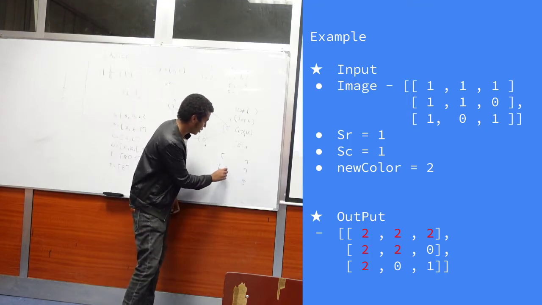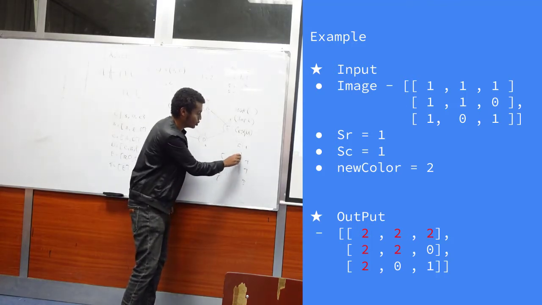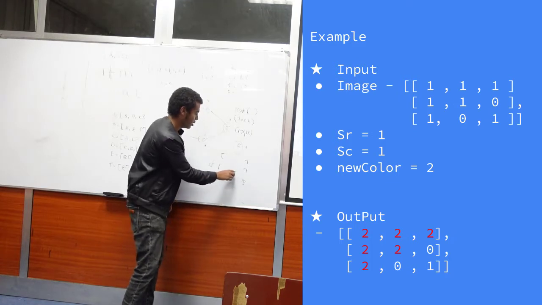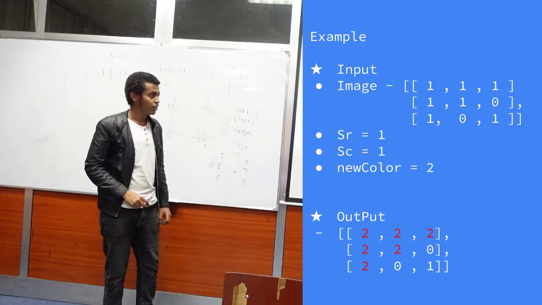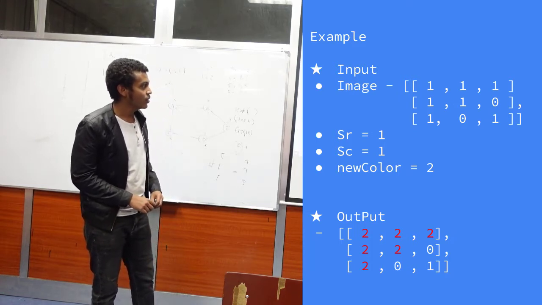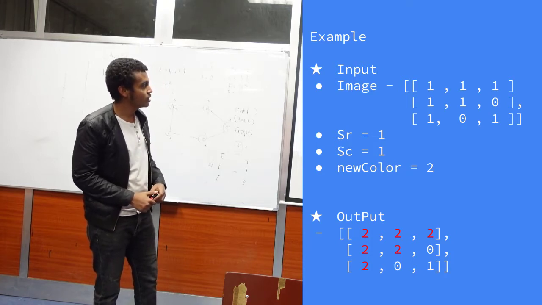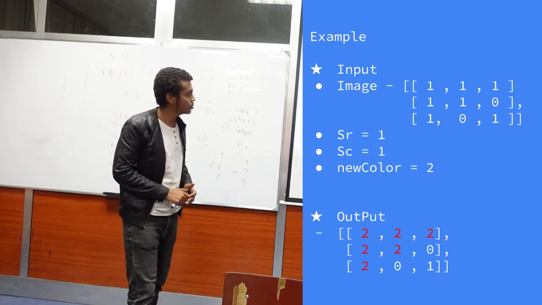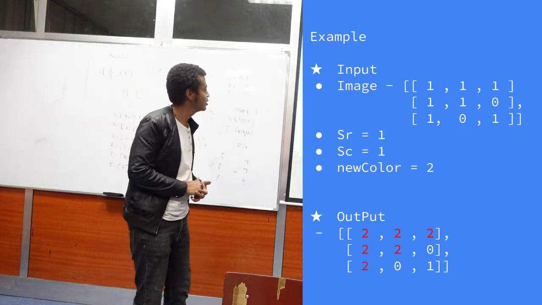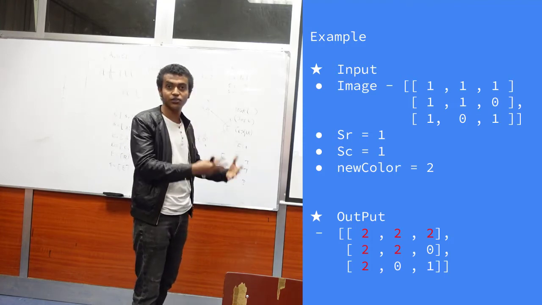SR could be its row index, and SC could be its column index, and then our starting index is here. And then we are given a new color, one color, any random color, as a parameter. That's 2 in the example, and then we're supposed to perform flood fill on it.